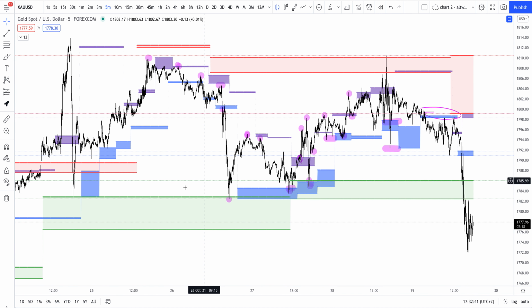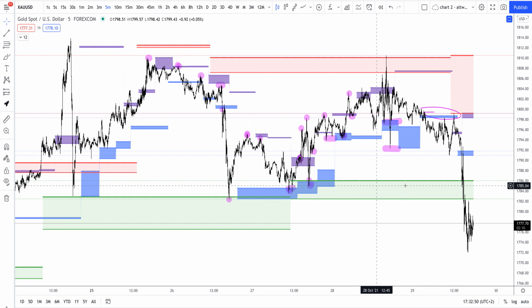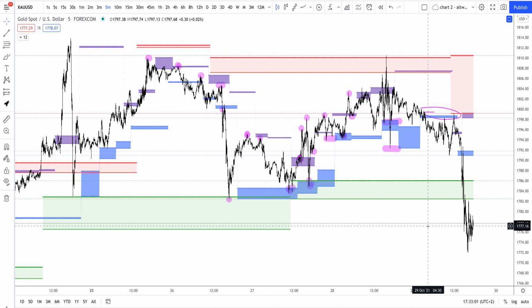It was ranging, trend is just perfect. This indicator is just perfect because you have exactly everything you need to trade. Also swing trades, from here to here. Wow, it's just amazing. Okay, guys, I hope you will like this little video, little snippet on how to trade 5 minutes gold.